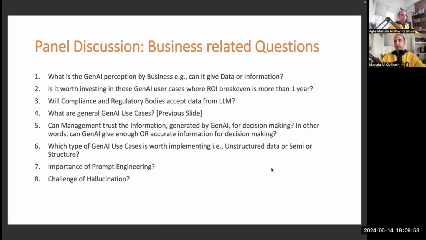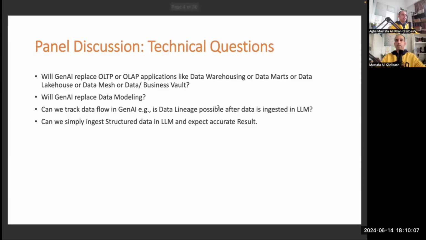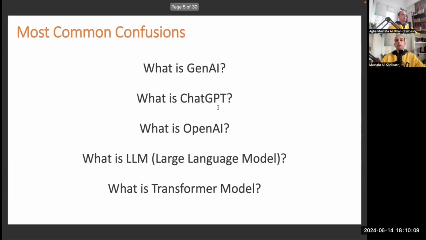Okay. Then, as I mentioned, normally whenever I do presentations, I skim through the whole deck so people have an idea of what's coming. So I'll quickly take this opportunity to go through it. These are technical questions. We'll go through the most common confusions around GenAI, ChatGPT, OpenAI, LLM, and the transformer model.